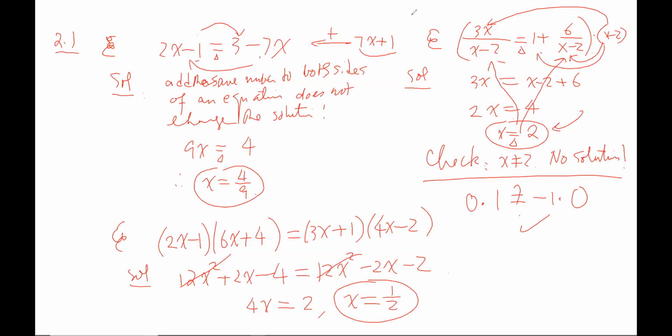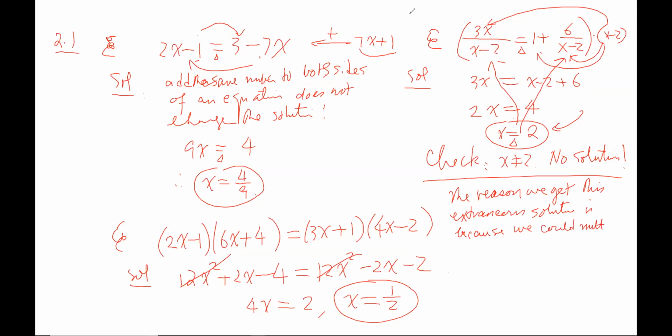Okay. So the point is this: the reason we get this extraneous solution, this is called the extraneous solution, is because we multiplied 0 to both sides, right?